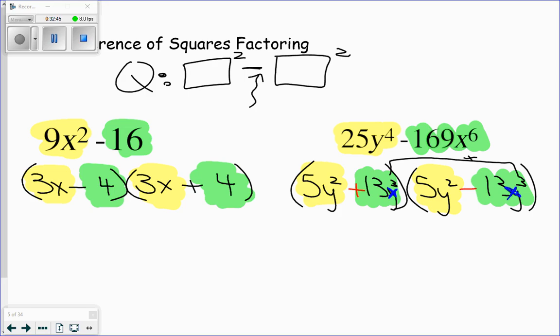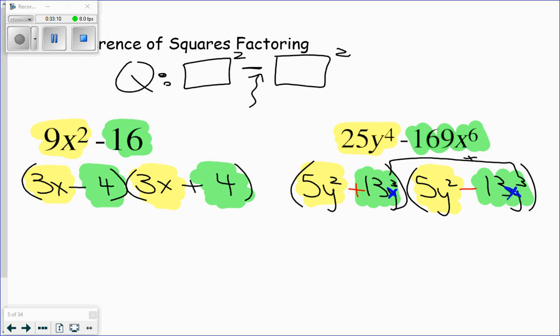As long as you have the numbers in the right order. So what Alex was asking was, I made the first one the plus and the second one the minus. If you made the first one the minus and the second one the plus, that's fine. But you have to have the 5y squared in the first position and the 13x cubed in the second position. That is non-negotiable.